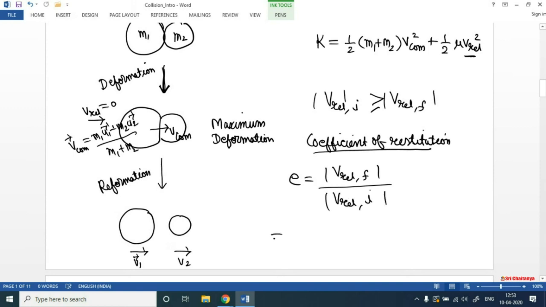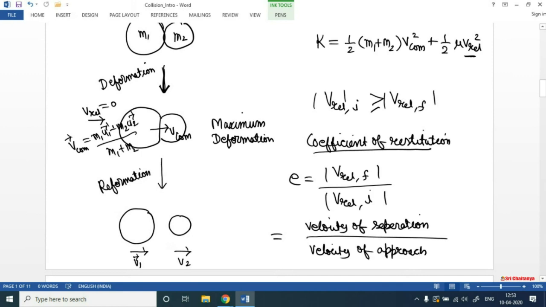In other words, we can write the same expression as velocity of separation, that is after the collision, upon velocity of approach before the collision. So this is how one more equation we can derive.